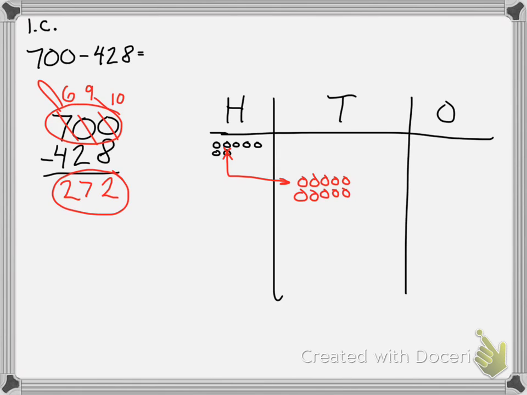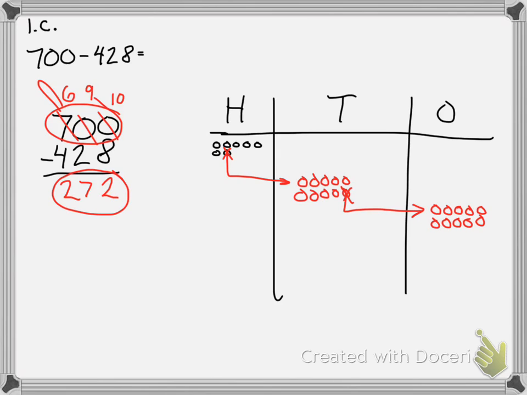Remember that in the vertical problem we immediately move this one over, so it just kind of happens automatically. So 1, 2, 3, 4, 5, 6, 7, 8, 9, 10. I guess I shouldn't say automatically, but this is kind of what's happening behind the scenes, if that makes sense.